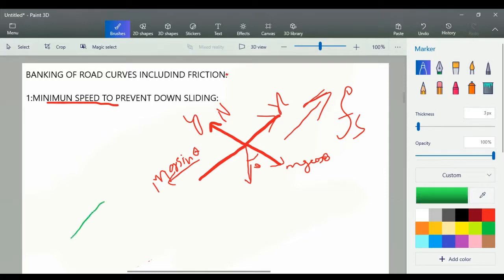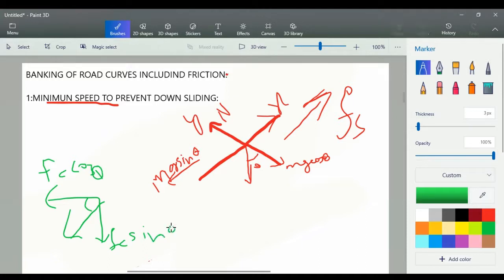The centripetal force will be in this direction, and it is also divided into two components: Fc cos theta and Fc sin theta. This is the whole scenario.